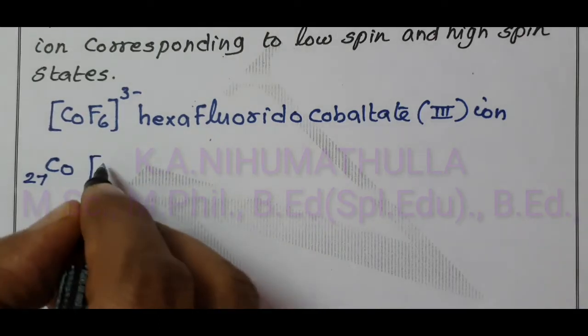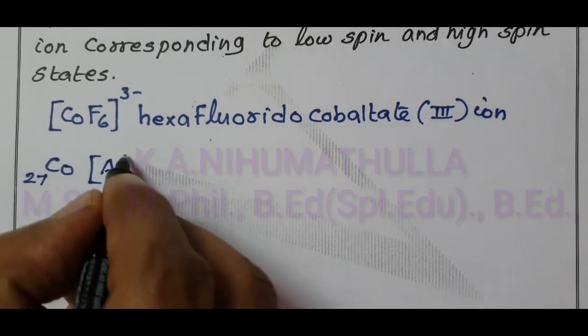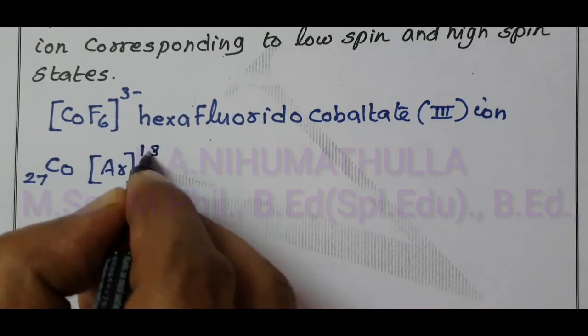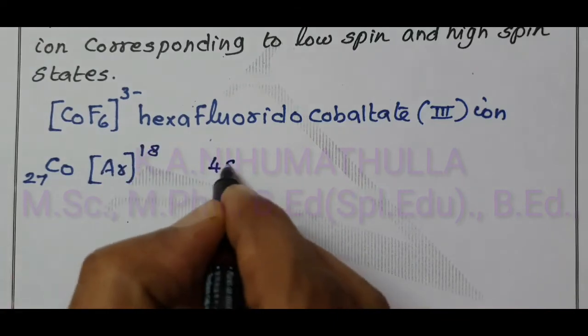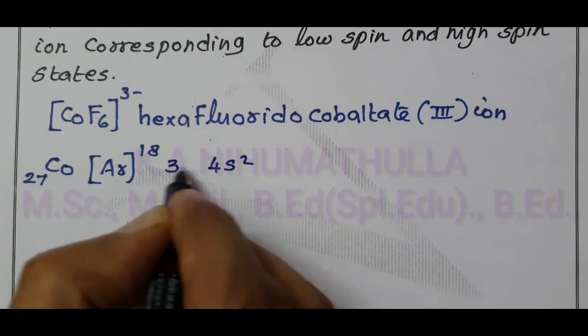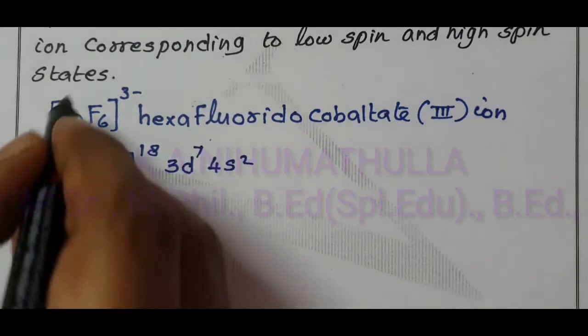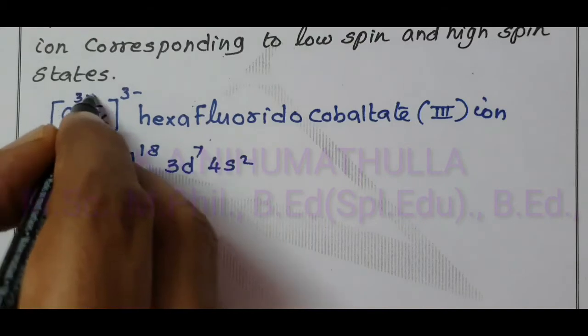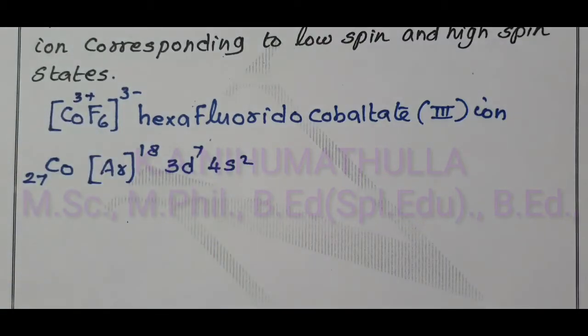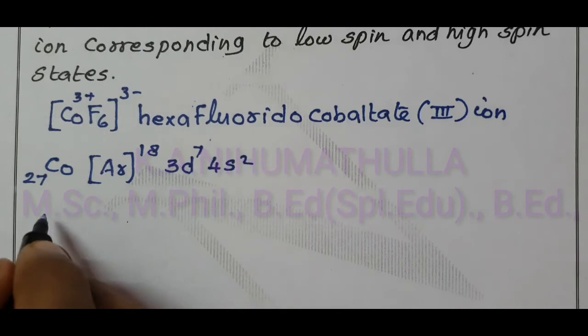Electronic configuration: argon 18, 4s2, 3d7. Cobalt in this complex is in the 3+ oxidation state.